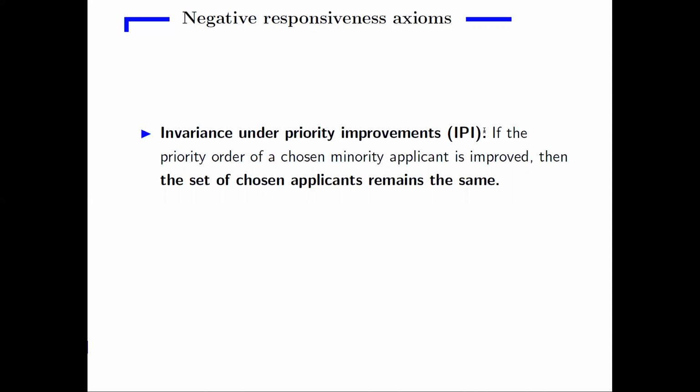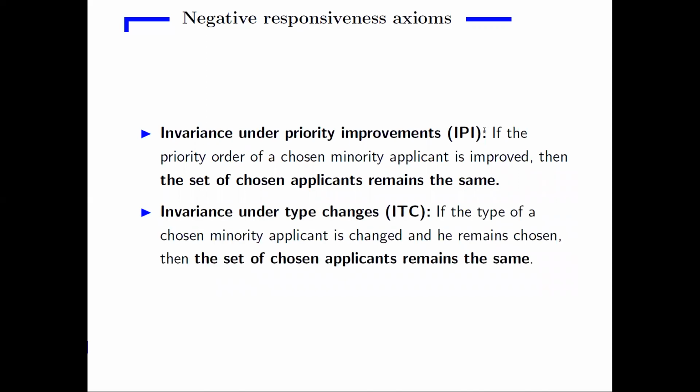We improve a minority, nothing changes. That is putting responsiveness and negative responsiveness together. Similarly, if the type of a chosen minority applicant is changed and he remains chosen, then the set of chosen applicants remains the same. That is the intersection of responsiveness and negative responsiveness.